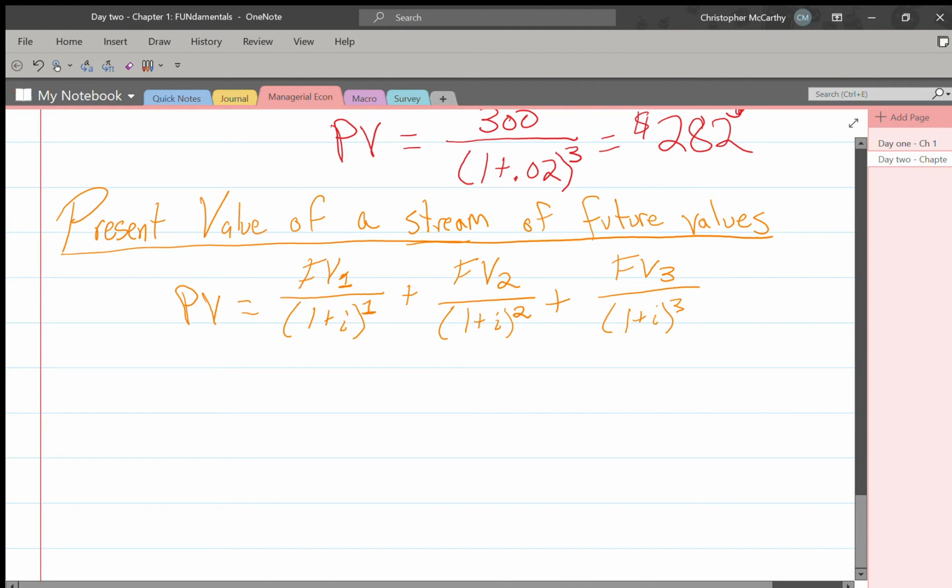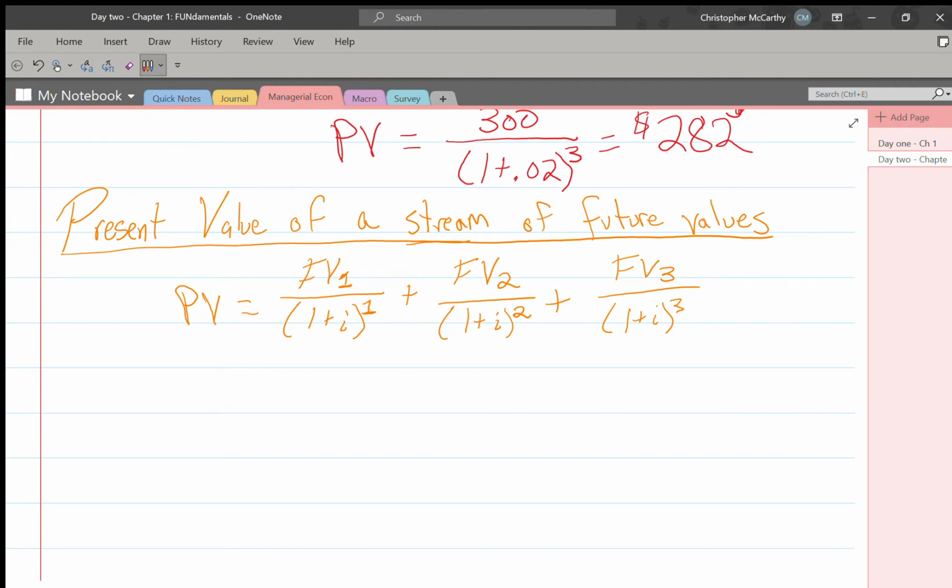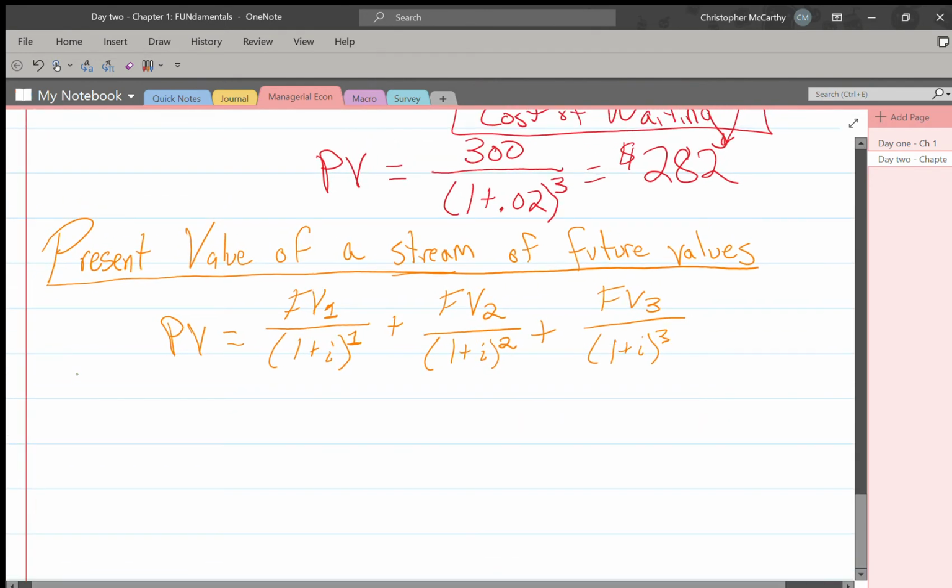So if we're told that the interest rate is 3%, year 1, we're going to get $10,000.